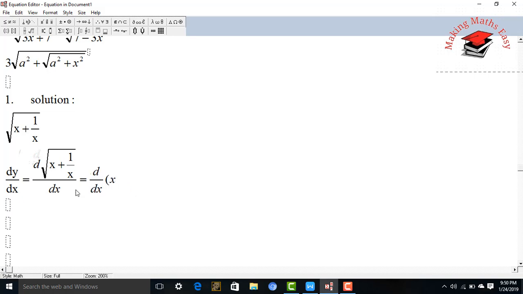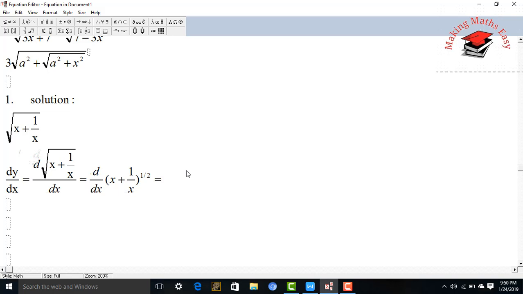The function is x plus 1 by x and the power of this function is square root, so it is 1 by 2. Always remember one thing, when there is a root, use 1 by 2 as a power. So 1 divided by 2 will be the power of this function.